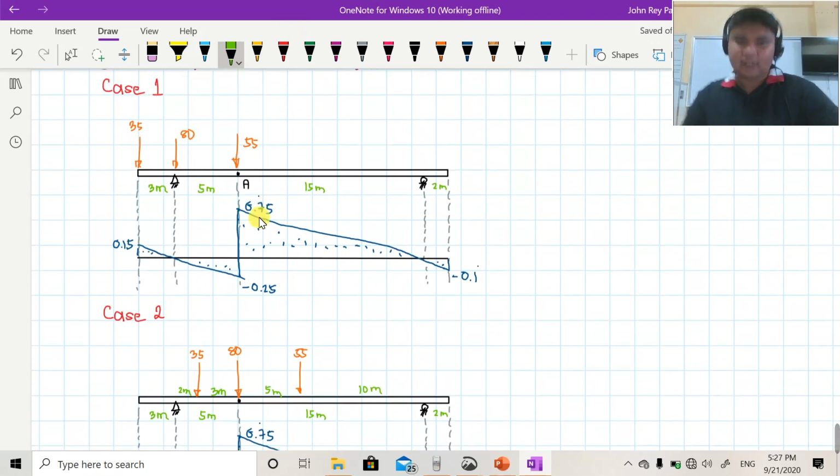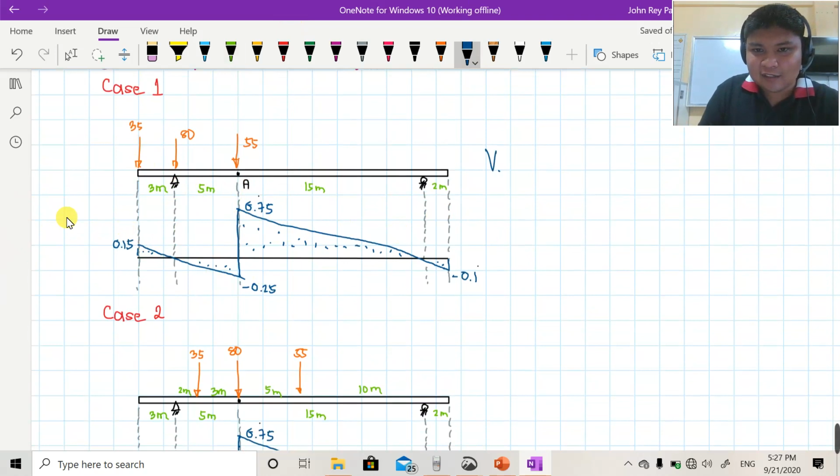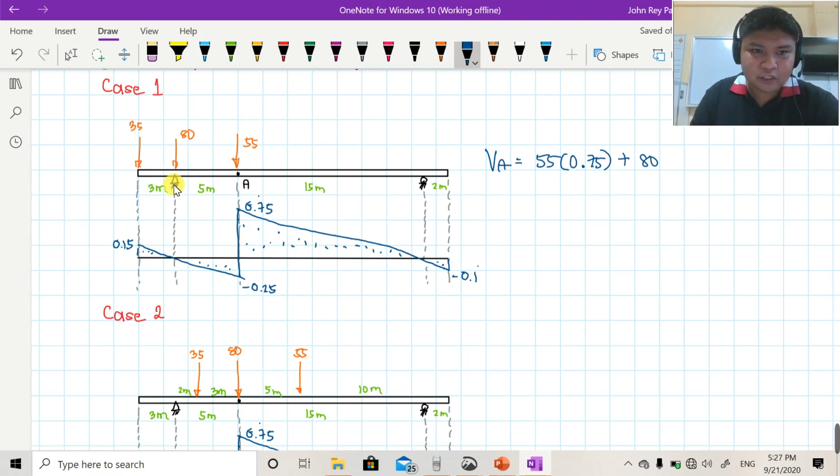Okay? So, sige. Subukan na natin to class, no? I-consider natin yung case 1, case 2, and case 3. Ang kagandaan sa case 1, nagkataon na sakto-sakto class yung mga ordinates. So, therefore, ilagay natin na yung VA natin ay equal sa 55 imumultiply mo class ng 0.75 plus yung 80, since nasa mismong point siya class, therefore, 0 ang kanyang ordinate.